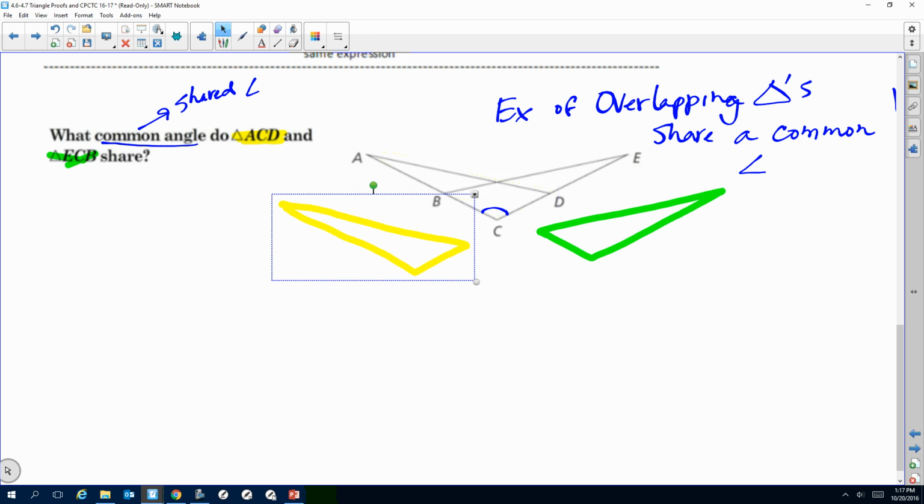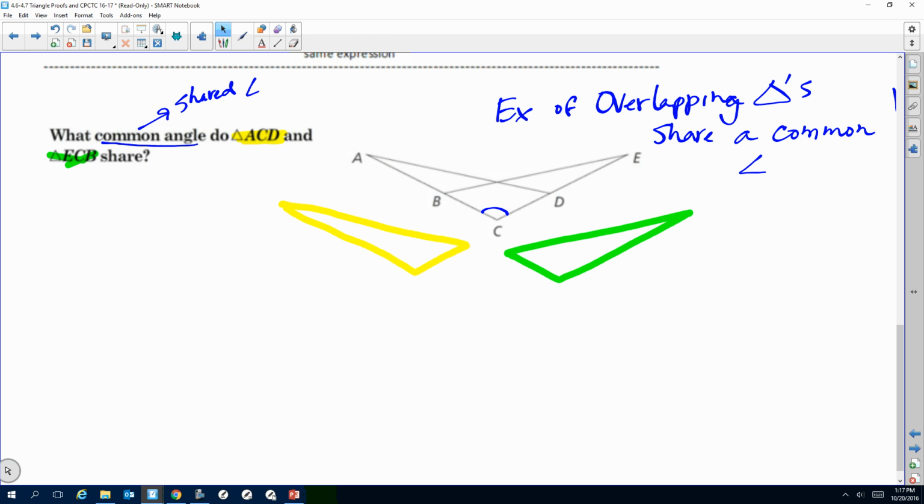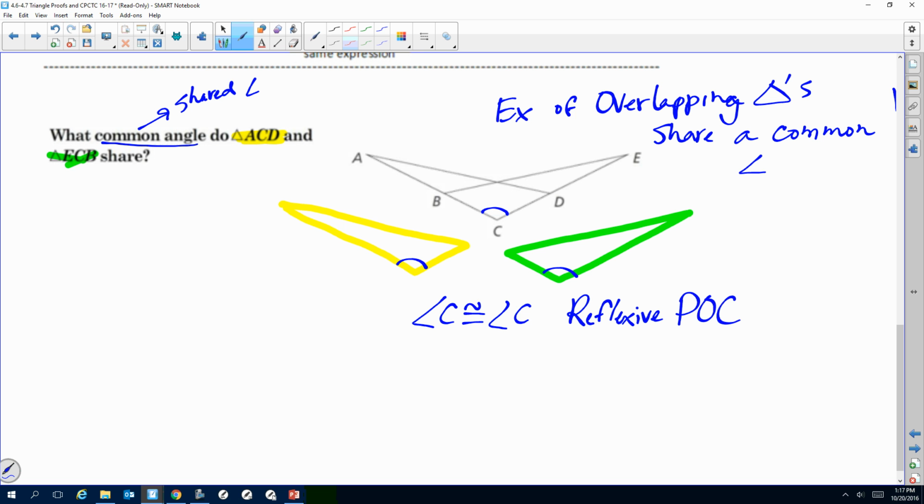All right, so we have them separated, right? We know that they both share C. It's overlapping for them. Then I would say that angle C is congruent to angle C using the reflexive property of congruency. Reflexive property of congruency.